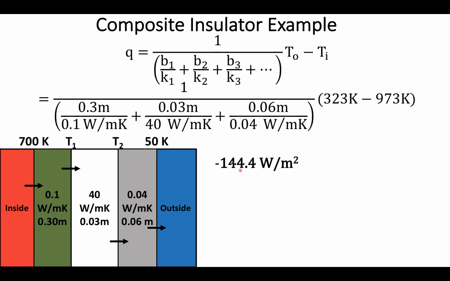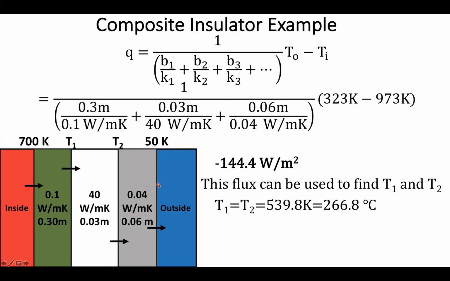And then what we can do is use our simple Fourier's equation to back solve for T1 and T2, because now I know the heat flux, and you can solve this balance to get T1, and then either solve a second balance to get T2, or start with the outside temperature and work your way in to get T2. Either way, it's not too bad.